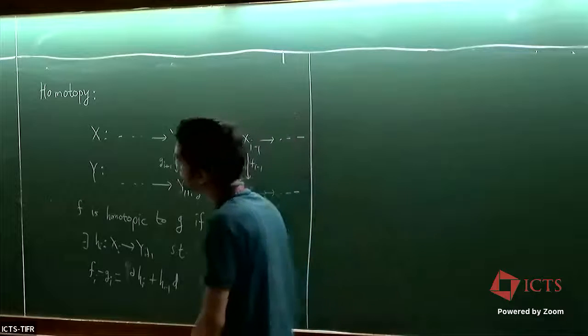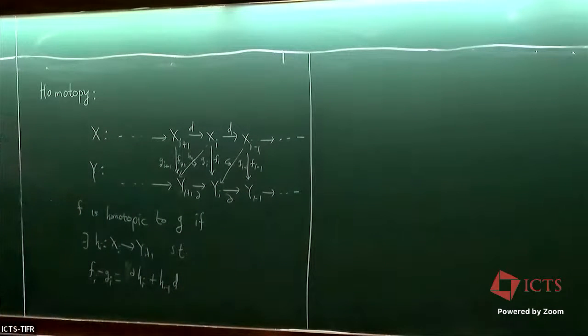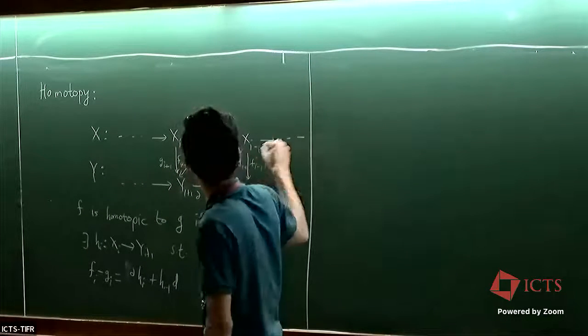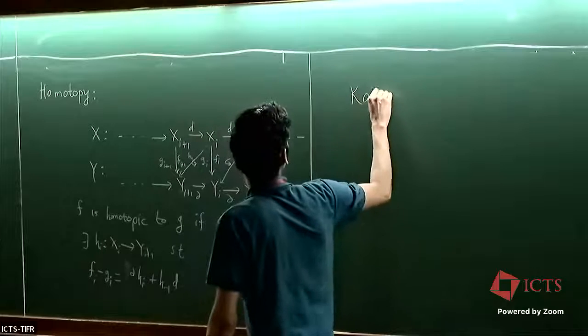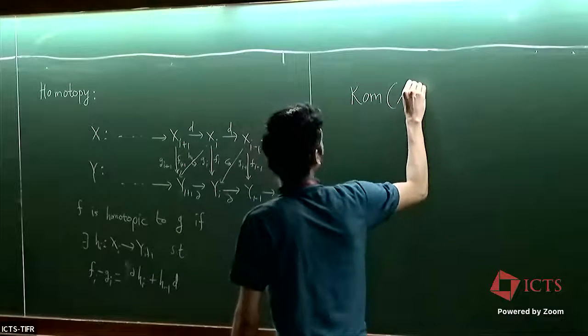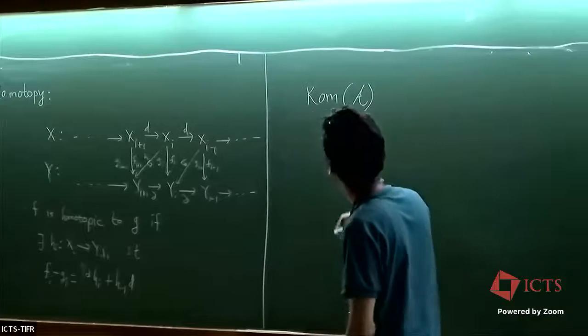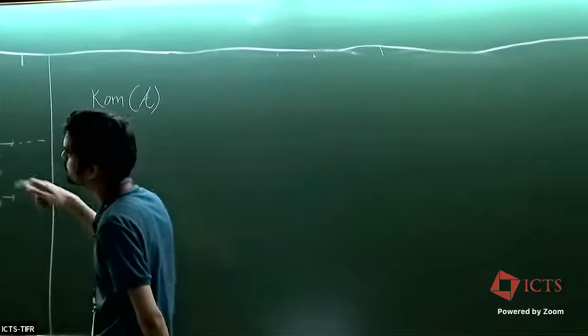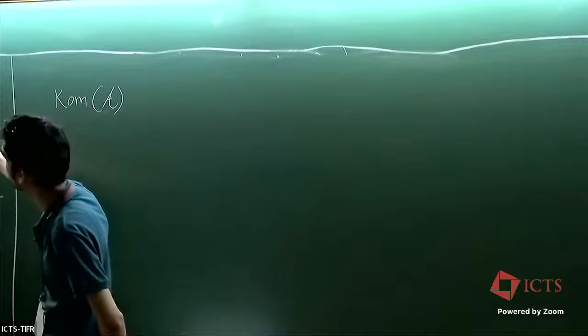Okay, so one observation is that if we consider only complexes and consider these to be the morphisms, then that forms a category which we will denote by complexes with objects in A. This forms an abelian category because you have kernels and co-kernels degree-wise.